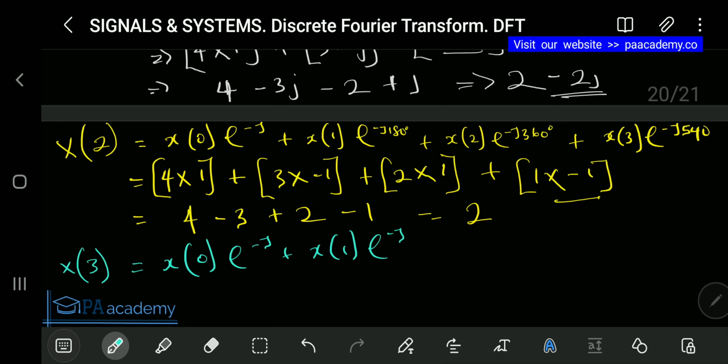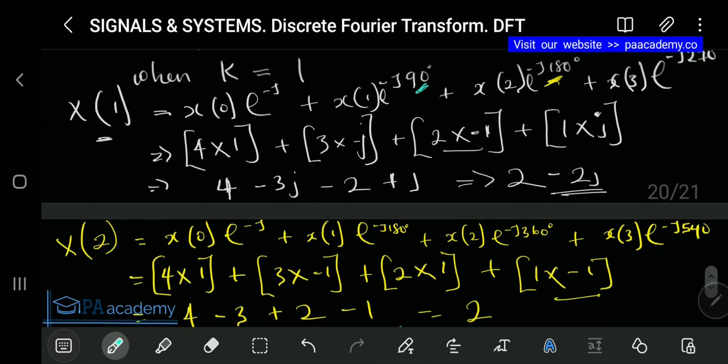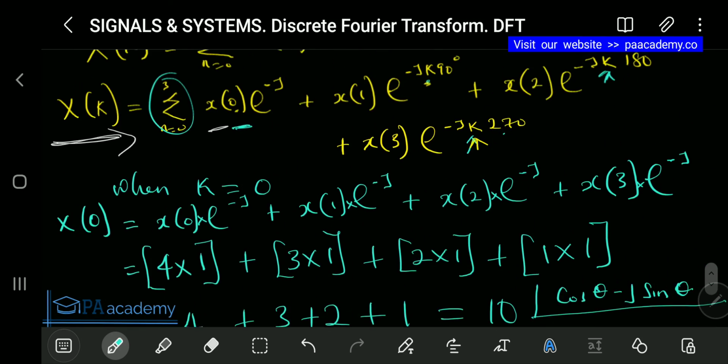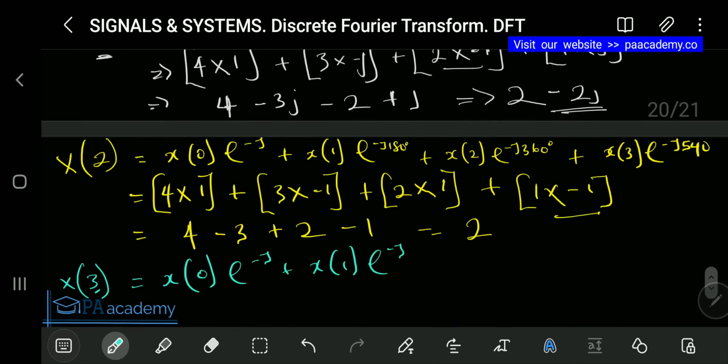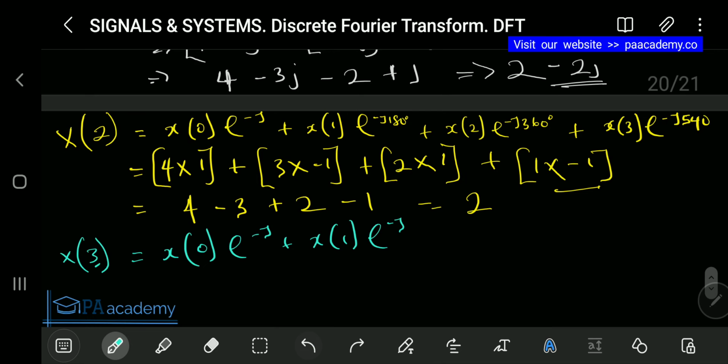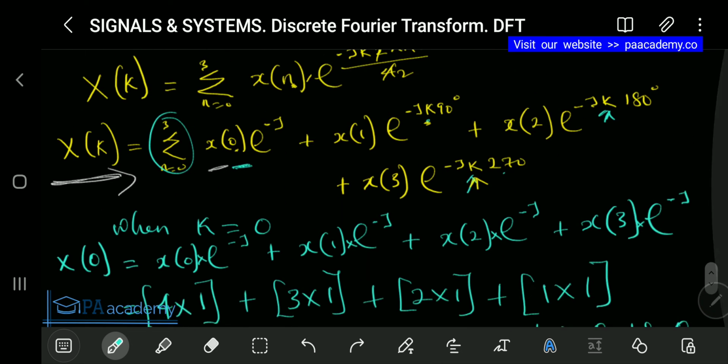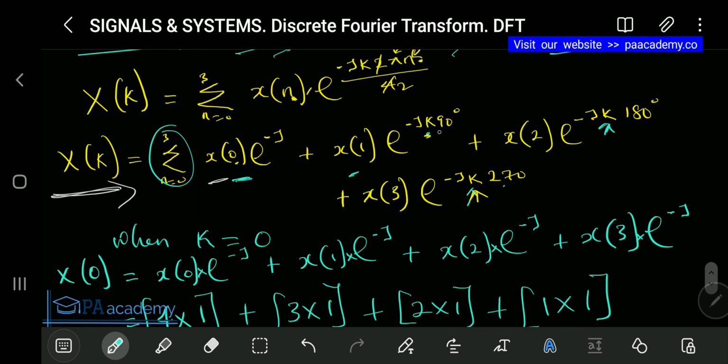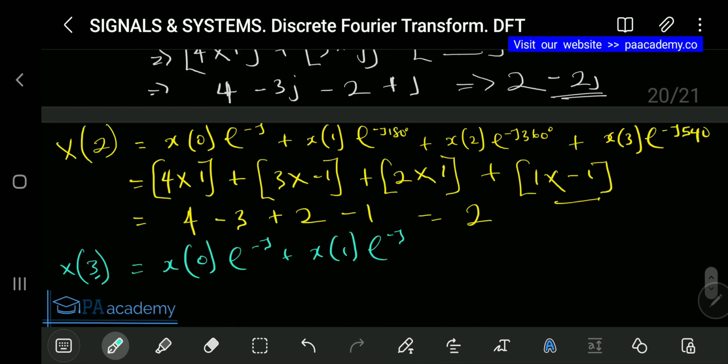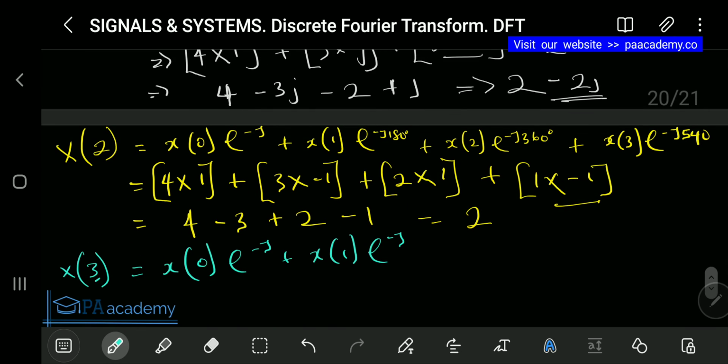So now let's put in the value of k equals 3. For k equals 3 at x of 1, that will be 90 times 3, that's 270. So minus j 270 degrees, plus x of 2 exponential minus j.